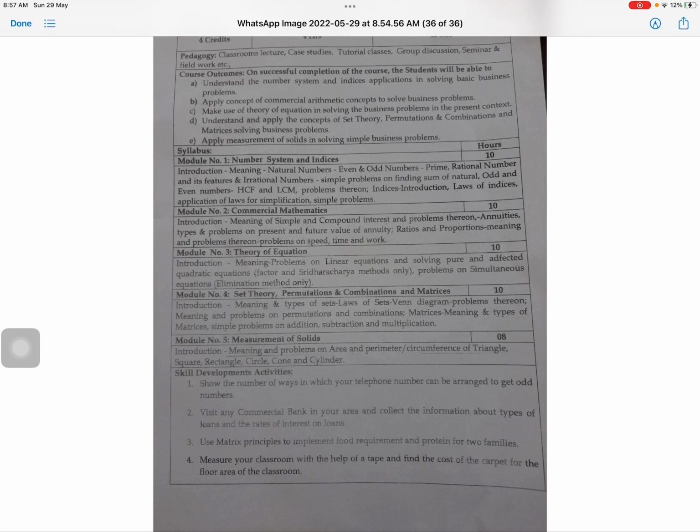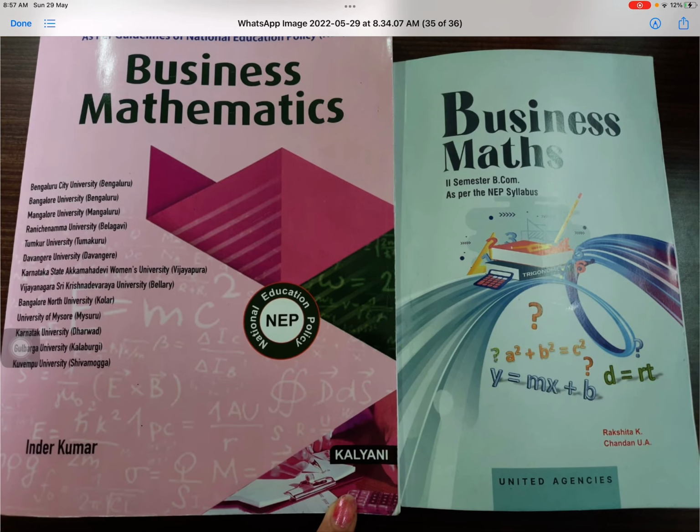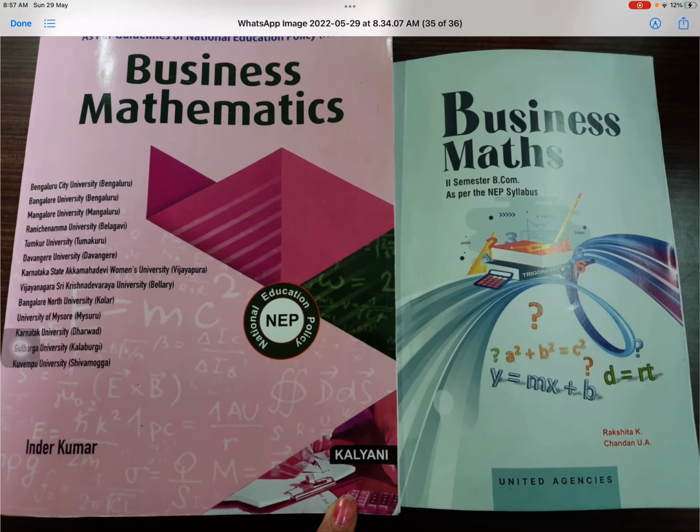Many books are available from United Agencies, Kalyani Publication, Vision Book House. I cannot comment which one is better, but I would be referring to United Agencies.